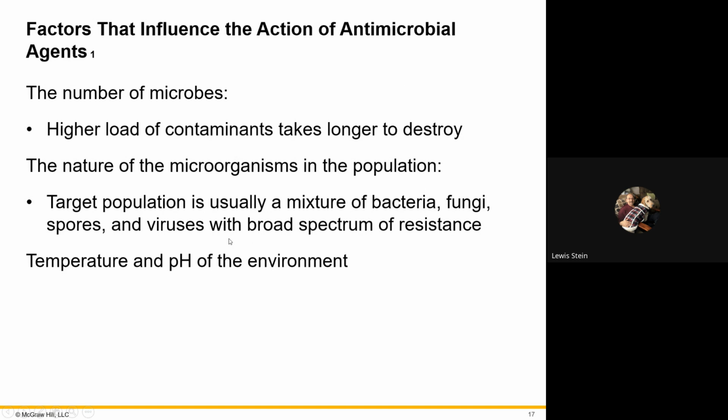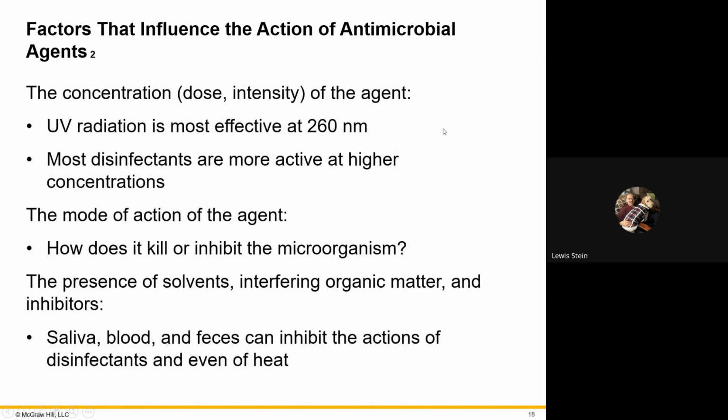So a whole lot of things, and temperature and pH are the ones we play with. So we're going to look at different things that influence it. We're going to look at ultraviolet. I don't think it's a big deal. We don't use it because we do have a limited use for it in the food industry, with which I am familiar. Okay, how does it kill or inhibit? To me, it's not a big deal. I'm not going to ask you about, did it do the cell wall?